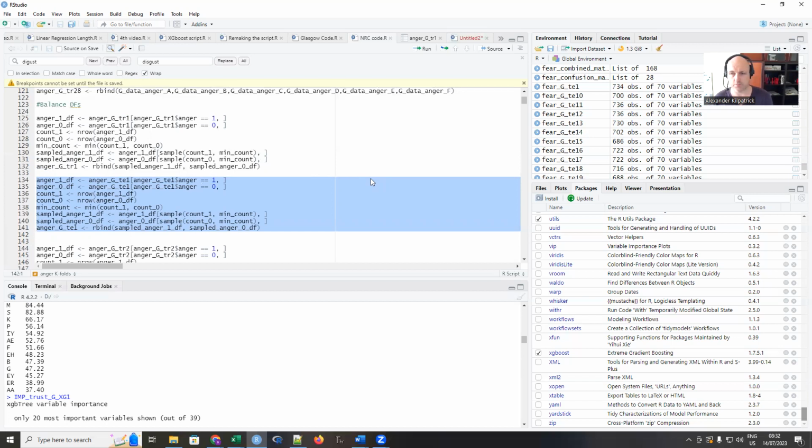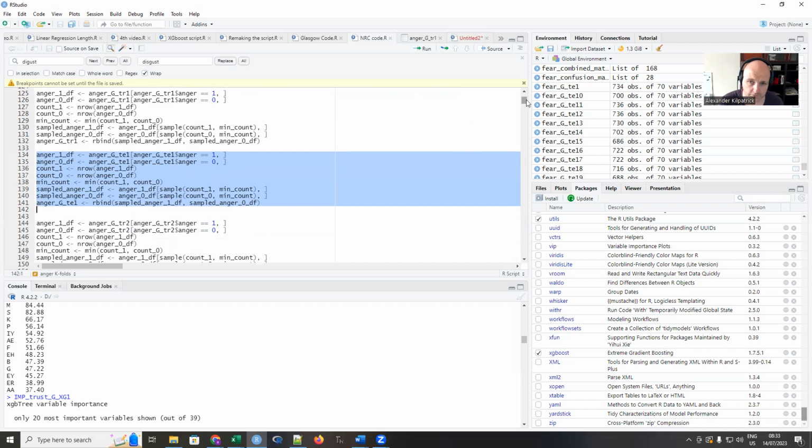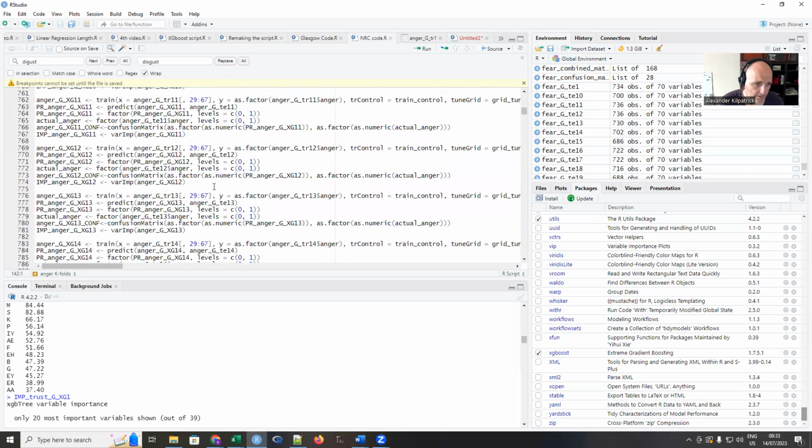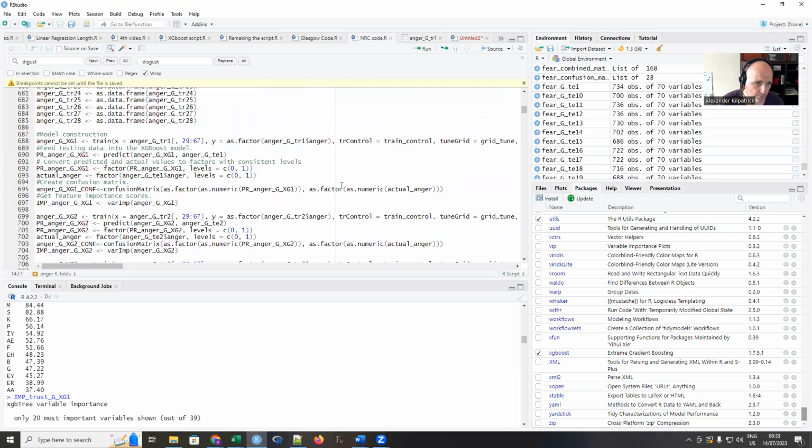It would be trying to balance to a 50-50 split, but you would have a 90-10 split in reality. So it would play with your accuracies, and have a detrimental effect on them and your analysis. So no, thank you. Long story short, then this is the construction of the models.